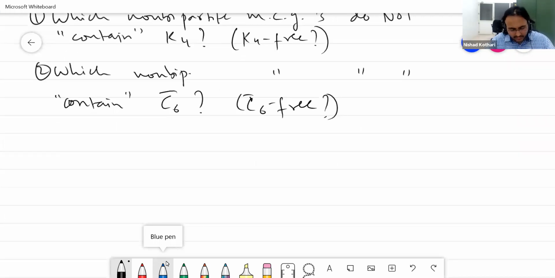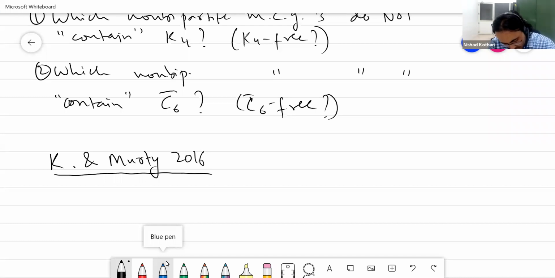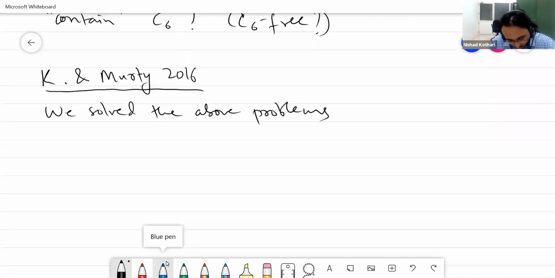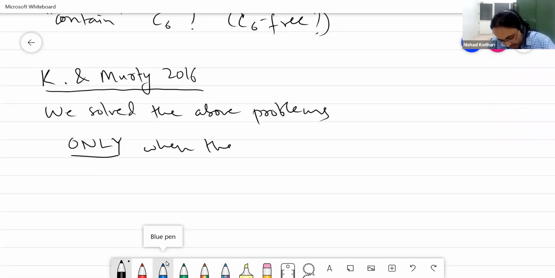What we did in my PhD is we solved these problems for planar graphs. So in this published paper by myself and my advisor USR Murthy, we solved the above problems only when the given graph is planar.